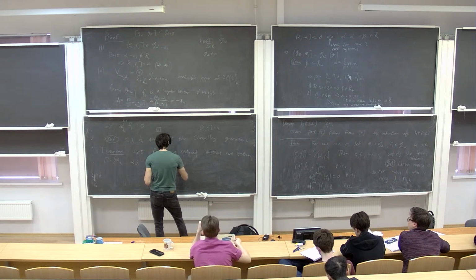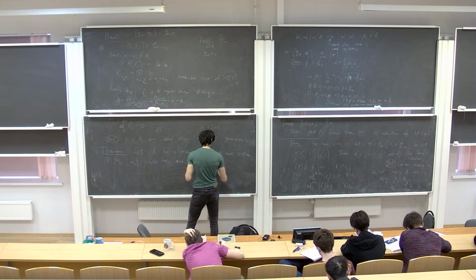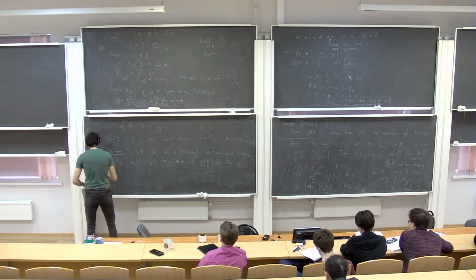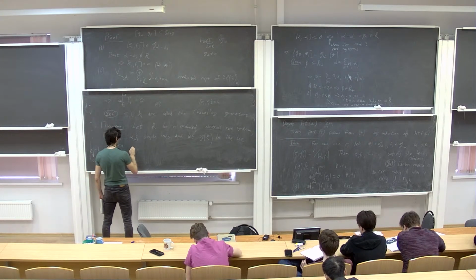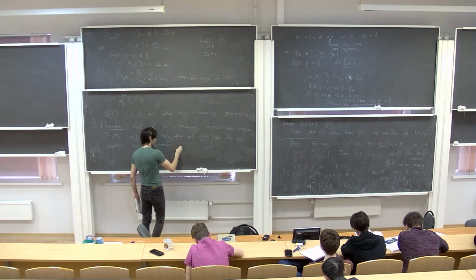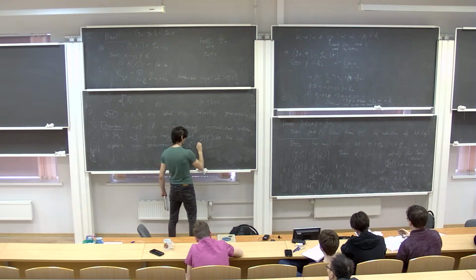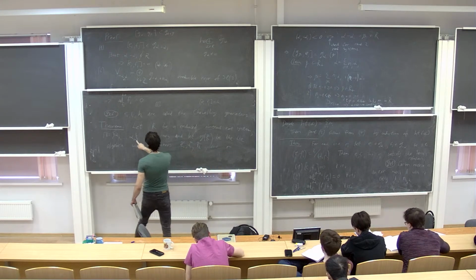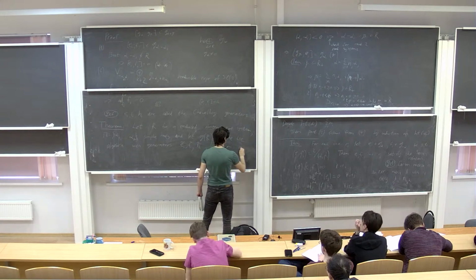And let g_R be the Lie algebra with generators E_i tilde, F_i tilde, H_i tilde, where i goes from 1 to r, and relations.